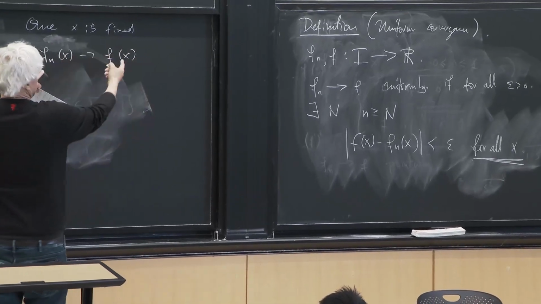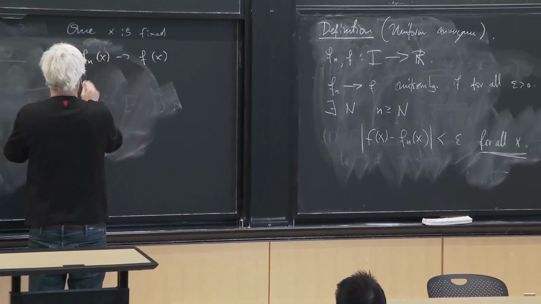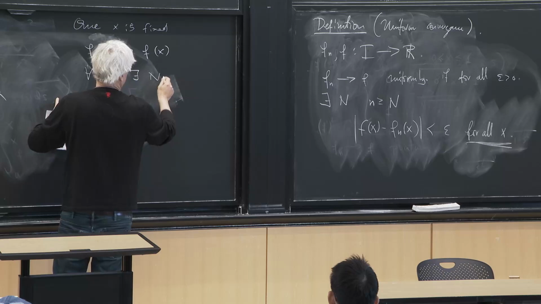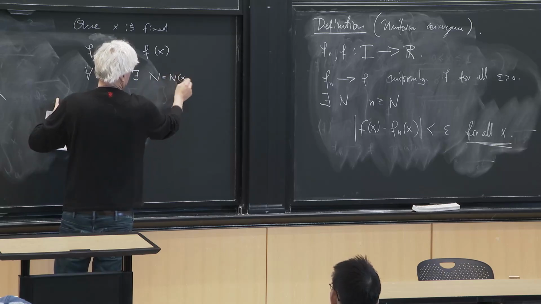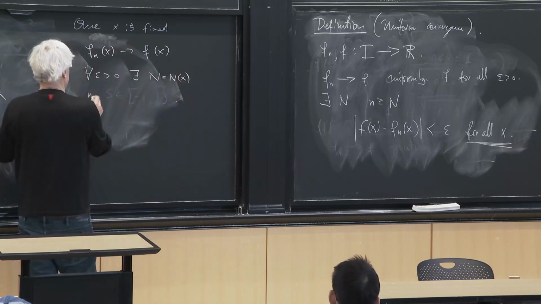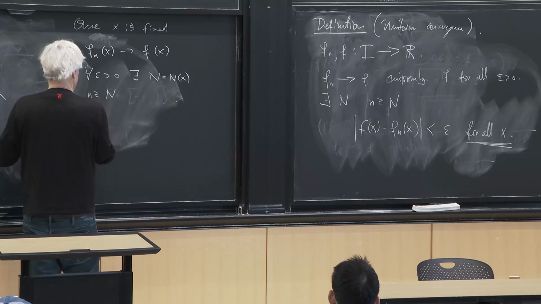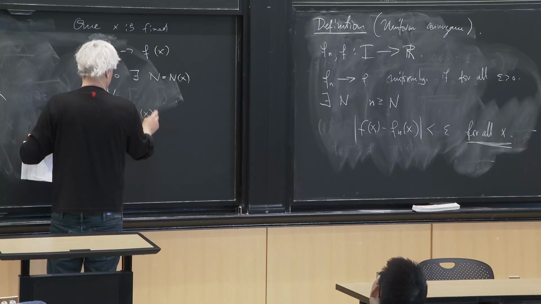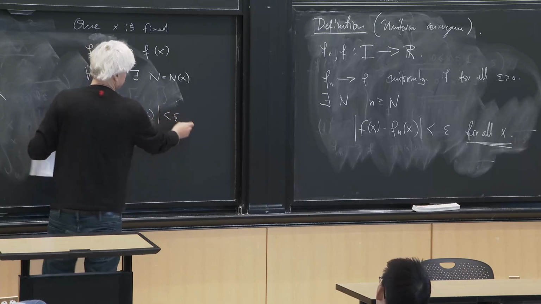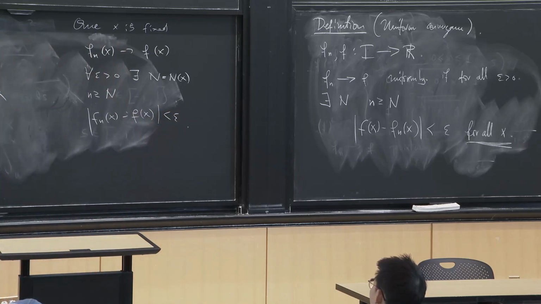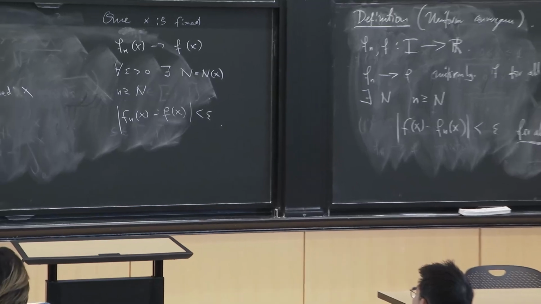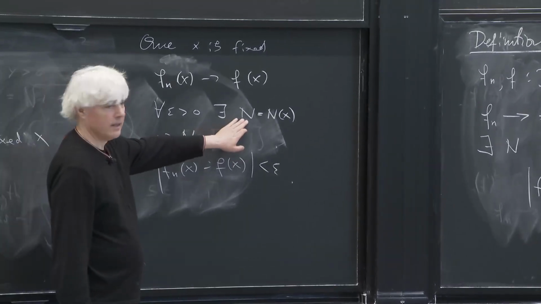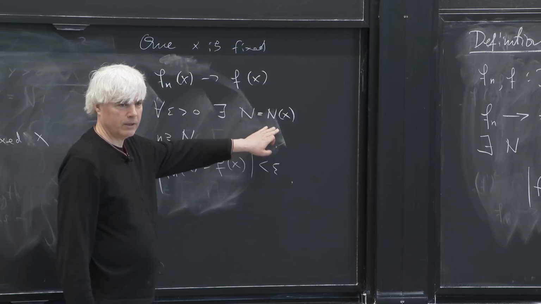But saying that this sequence converges means that for all epsilon greater than 0, there exists an N, but this N is now allowed to depend on x, so that if little n is bigger than this capital N, then the absolute value of fn of x minus f of x is smaller than epsilon. So you see that clearly uniform convergence implies pointwise. And again, uniform just means that this capital N can be chosen to be the same for all x.